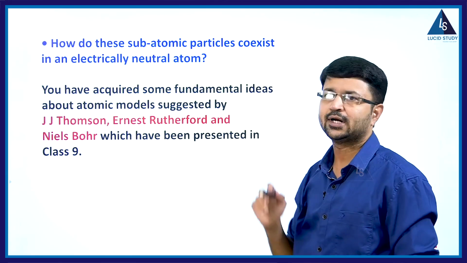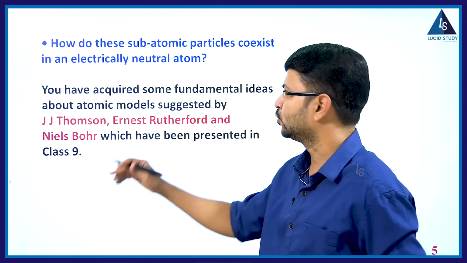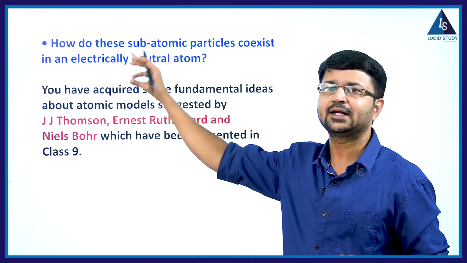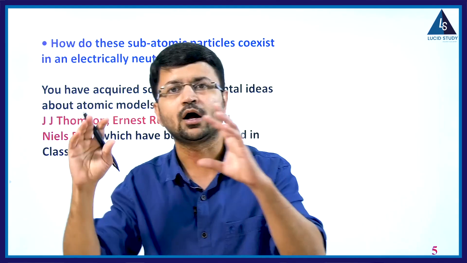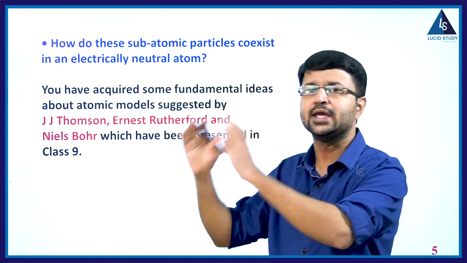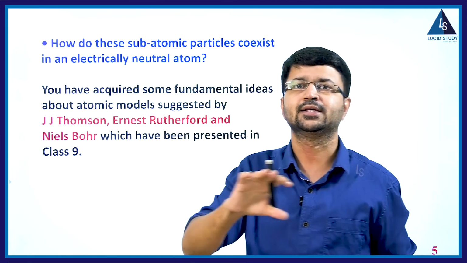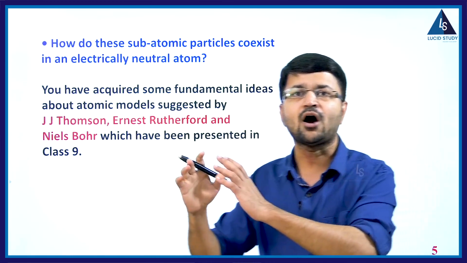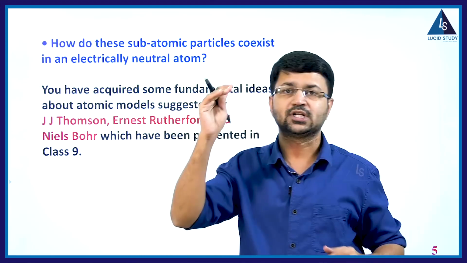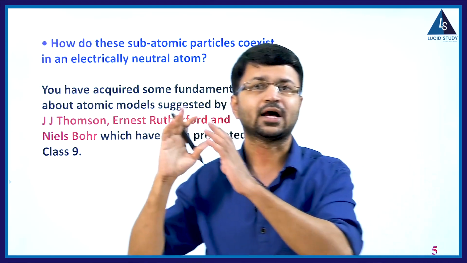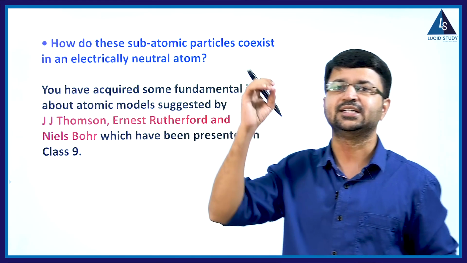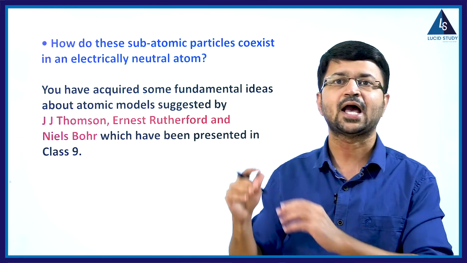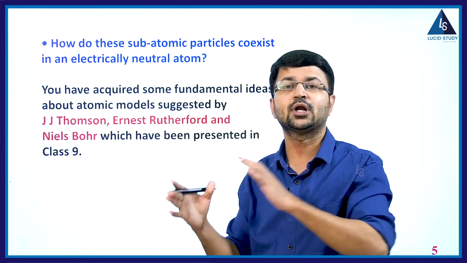How do these subatomic particles coexist in an electrically neutral atom all together? If we take the case of an atom of any element, the charge present on the atom is 0. Atoms are electrically neutral.